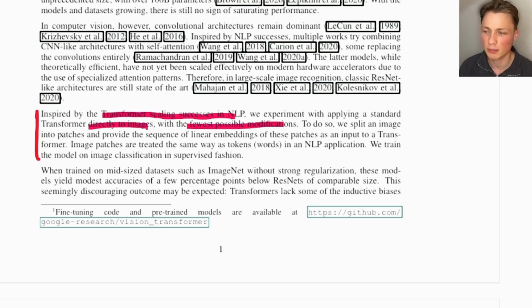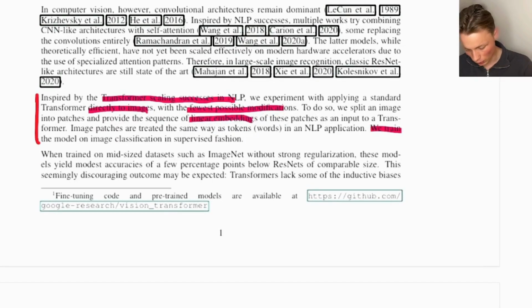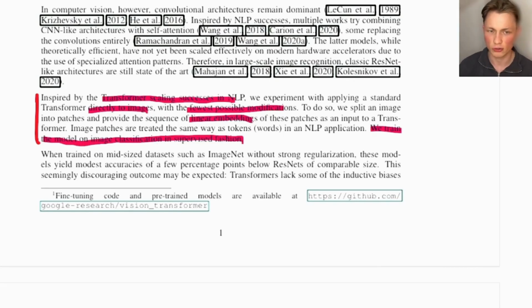To do so, we split an image into patches. We will see this later. So we have a big image, we split it up into single patches and then do a linear embedding of those patches as an input to our transformer model. And the model was trained with supervised training. So we trained the model on image classification in a supervised fashion.